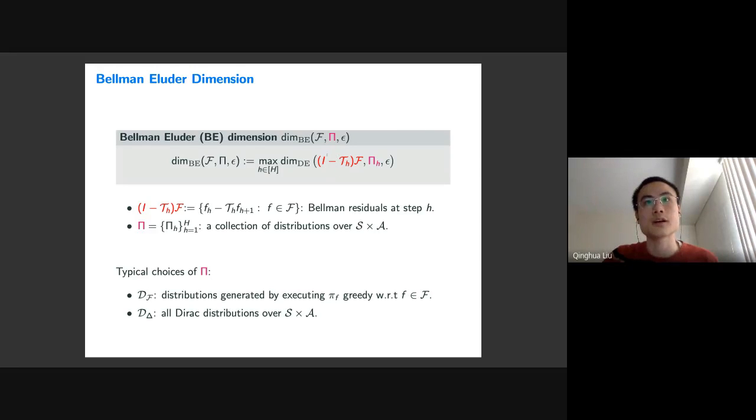So if the horizon is equal to 1, this function class will be all the functions in this class minus the true reward function. So that's something slightly different. So in other words, you can think of it as a function class smaller than the original Eluder Dimension class, considered in the original Eluder Dimension paper.